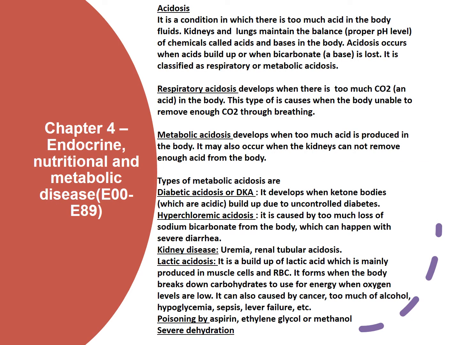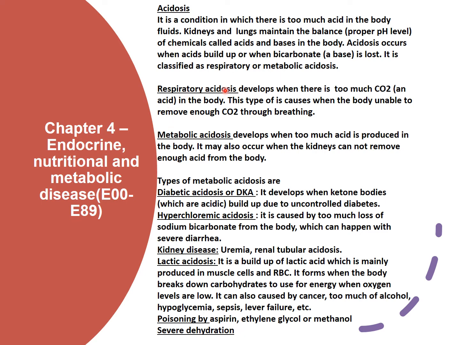Coming to the acidosis. Acidosis is the condition in which there is too much acid in the body fluids. Kidneys and lungs maintain the balance, that means proper pH in the body. Acidosis occurs when either acids build up in the body or bicarbonate is lost. There are two types of acidosis. One is respiratory acidosis, second one is metabolic acidosis.